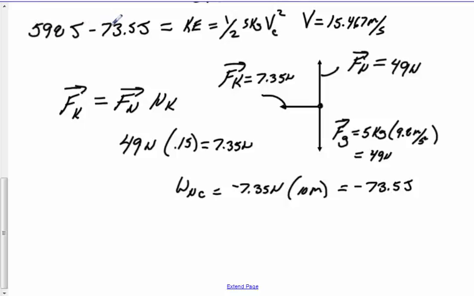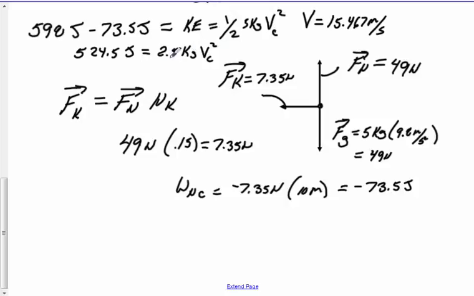Now, if I take the 598 minus 73.5 joules, then my total energy at C has reached 524.5 joules. Again, that's all kinetic energy. I will set that here: 524.5 equals 2.5 kilograms times VC squared.